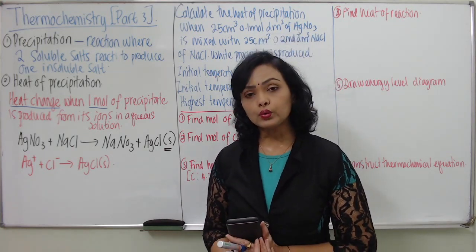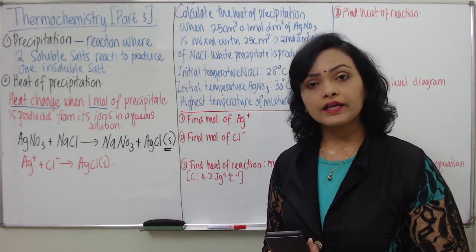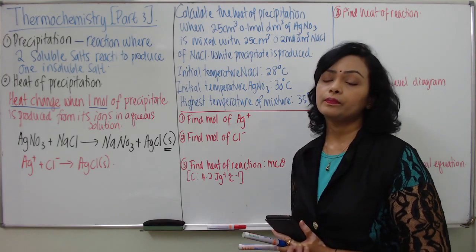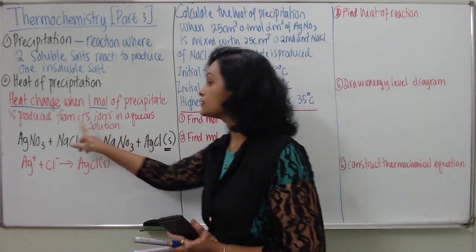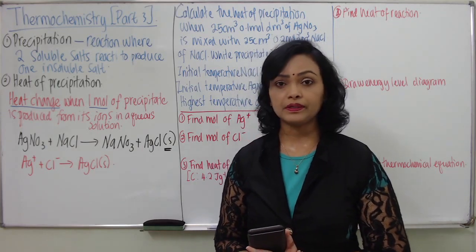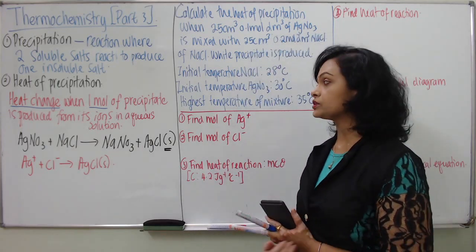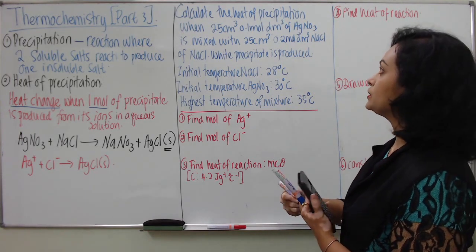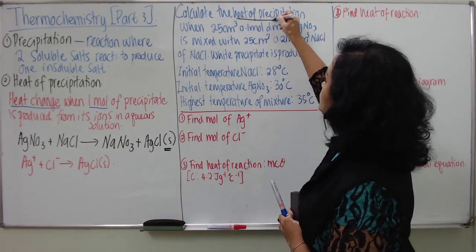Now, let's go to an example on how to calculate heat of precipitation using the same argentum nitrate and sodium chloride example. Now, let's look at the question together. Calculate the heat of precipitation. So, highlight heat of precipitation.